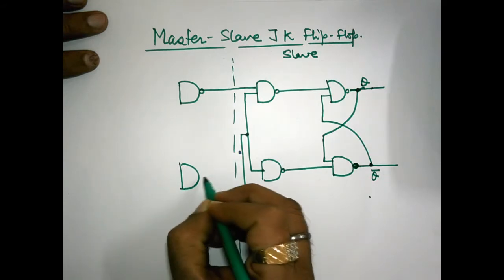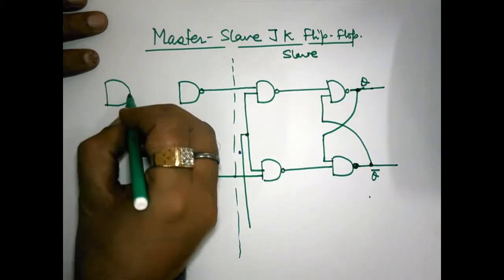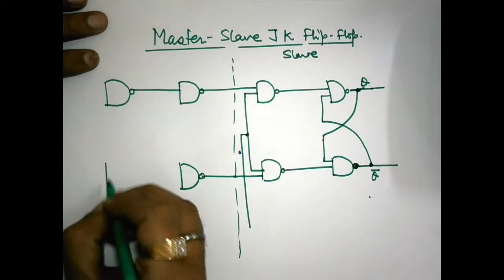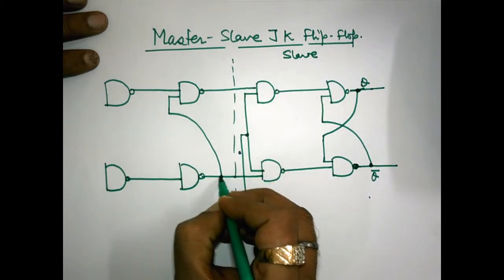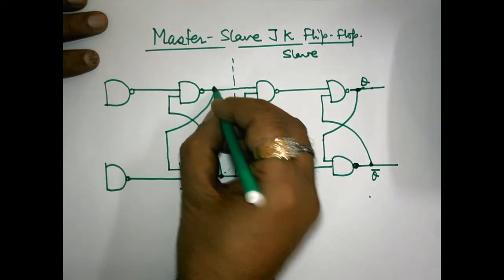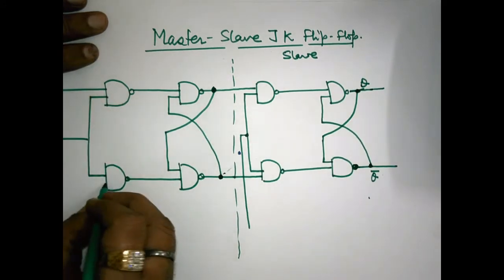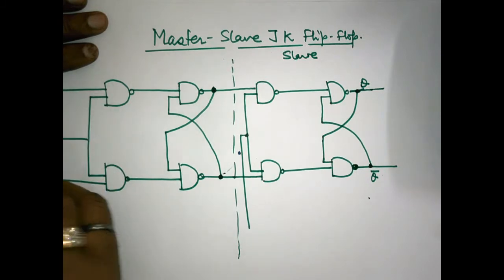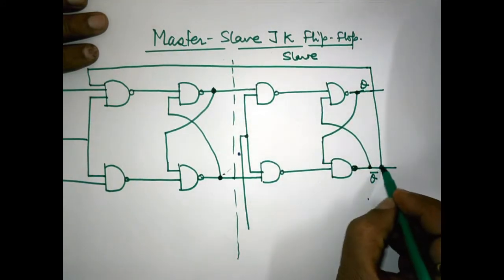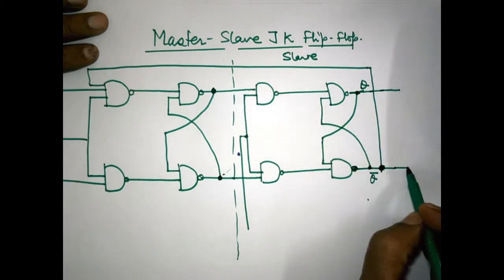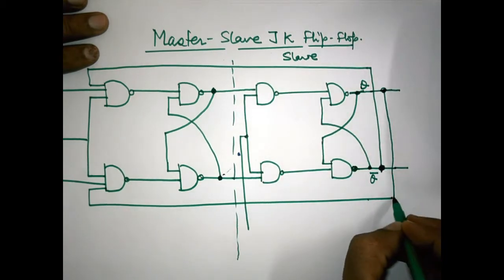Then this is master section. And one of the inputs of this gate is connected with the complemented output, and one of the inputs of this gate is connected with the normal output.